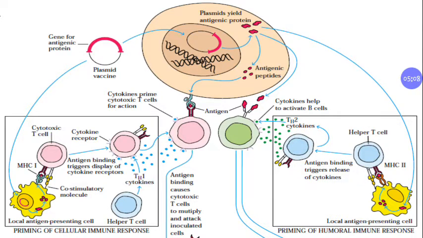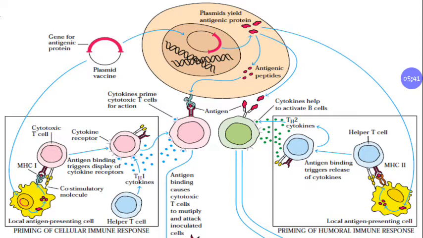When the gene is injected into the muscle cell, it gets expressed in the injected muscle cell and in the nearby APCs, or antigen presenting cells. Here we can see that the peptides from the protein encoded by the DNA are expressed on the surface of both cell types after processing.